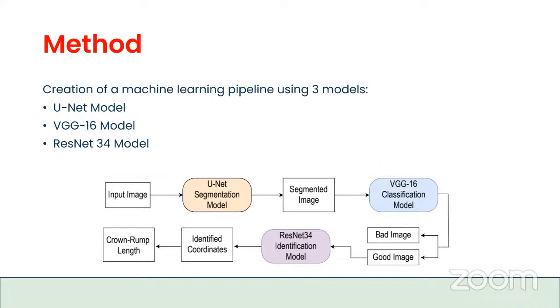And this will return a value depending on if the segmented fetus would be a good or bad image for crown and rump region identification. If an image is deemed as a good image, it is then passed across to the ResNet34 model for the crown and rump coordinates to be identified. If it is a bad image, then the coordinates are not calculated, as the image taken by the practitioner is not suitable for CRL measurement.